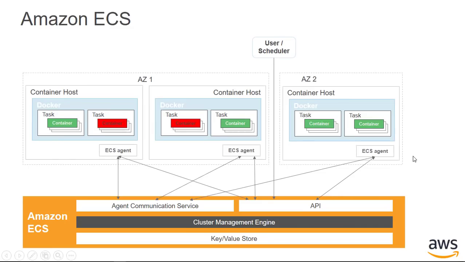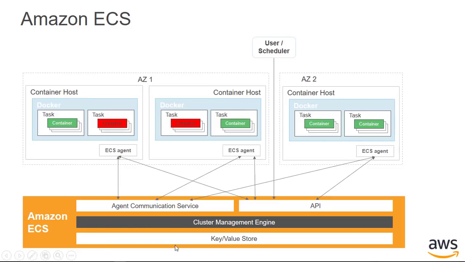So behind the scene, how it works is you have these container hosts, which are pretty much EC2 instances that can be in any availability zones. So for example, here I have 2 EC2 instances, a container host in availability zone 1, and there's another container host in availability zone 2.